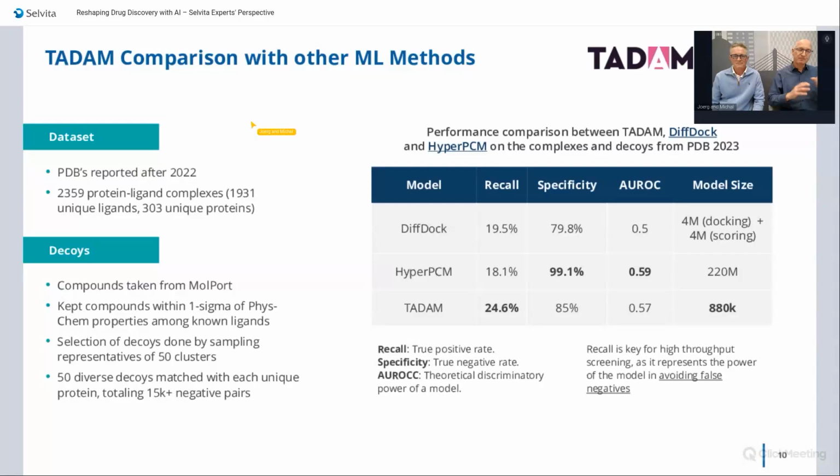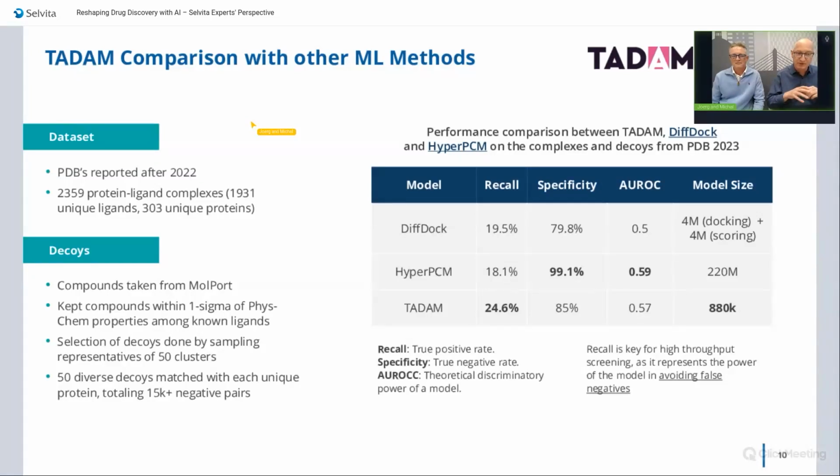And we compared them on a data set that was not seen by any of these models. So therefore, we took the PDB structures that were released after 2022, and we got about 2,400 protein ligand complexes.